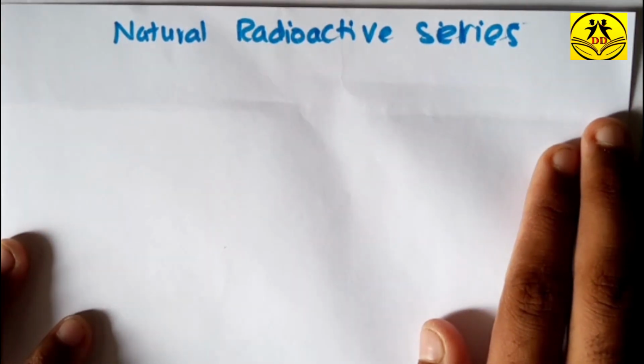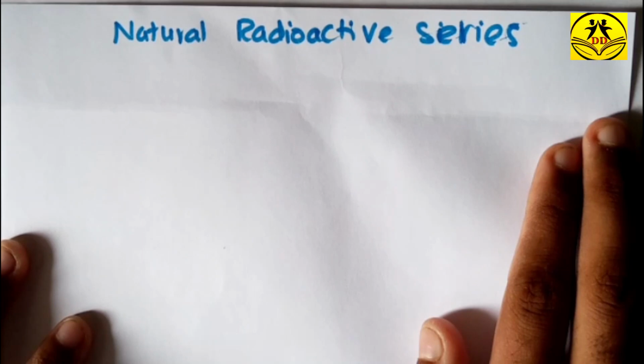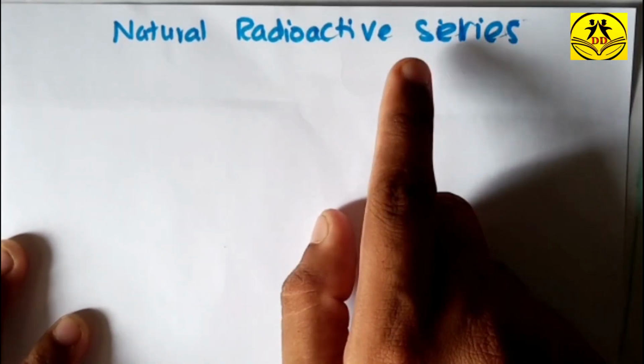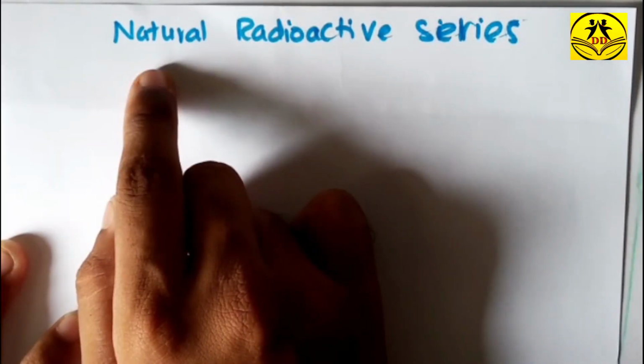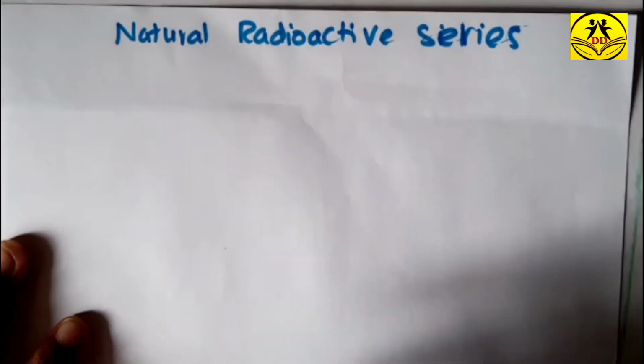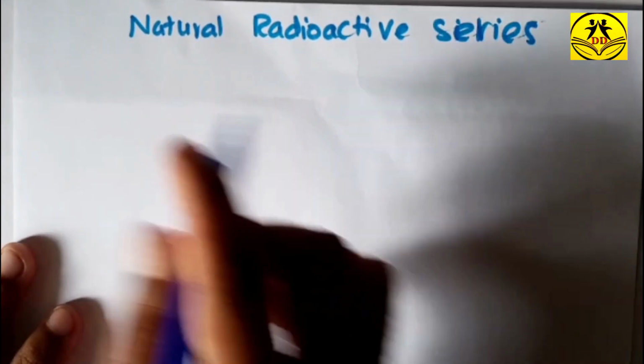Also, sometimes they undergo repetitive disintegrations, which is called radioactive series, and in this case it is natural. As examples, there are 3 such naturally existing radioactive series.